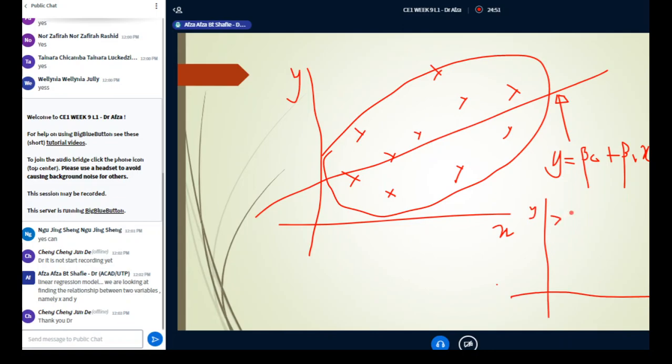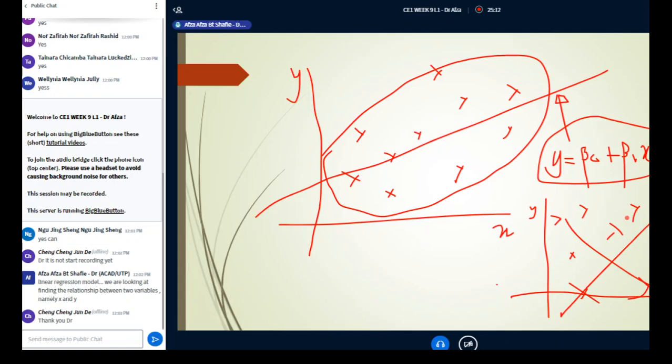You may have a graph that is totally out, meaning your points are so scattered. If the points are so scattered like this, there's no way you can fit a linear equation. So forget about doing the linear equation, because the points are too scattered.